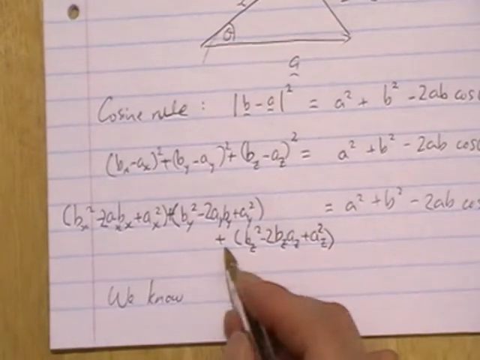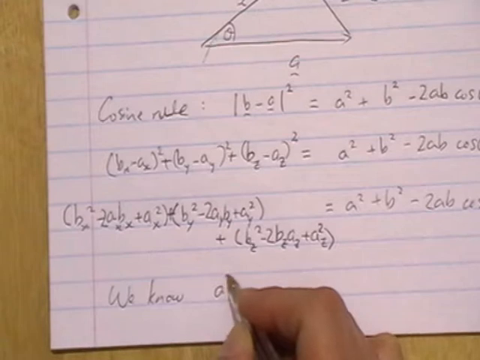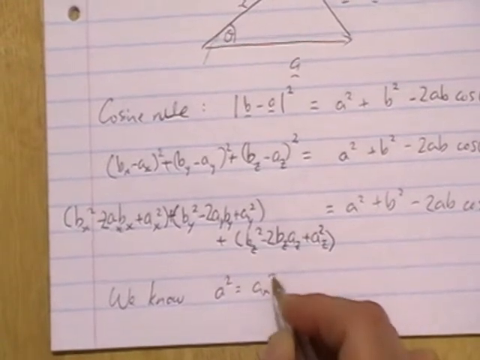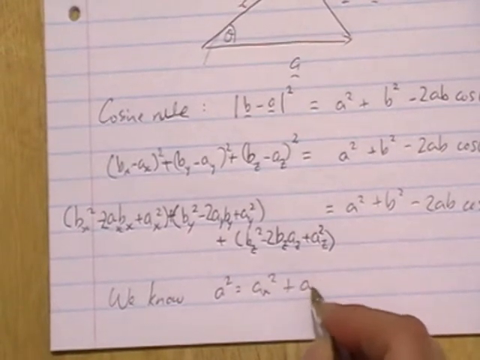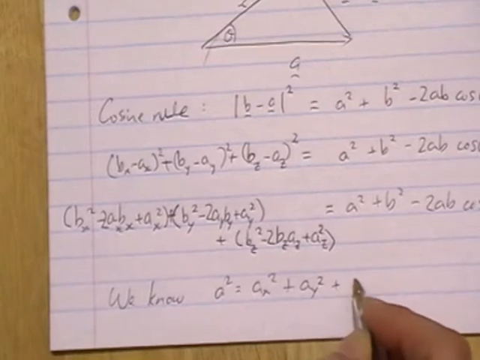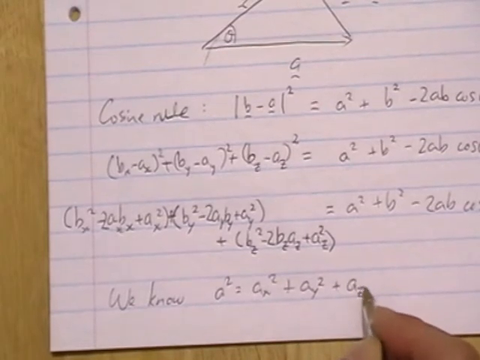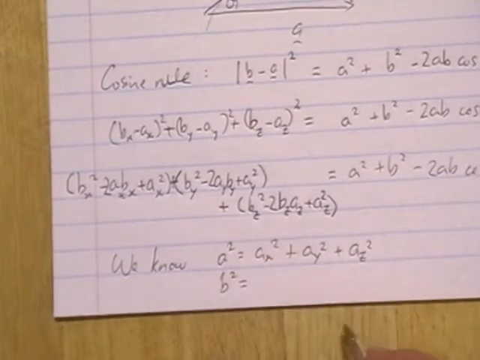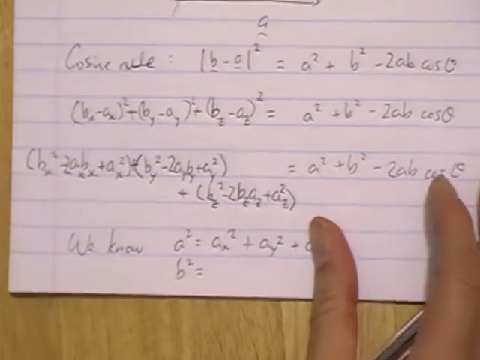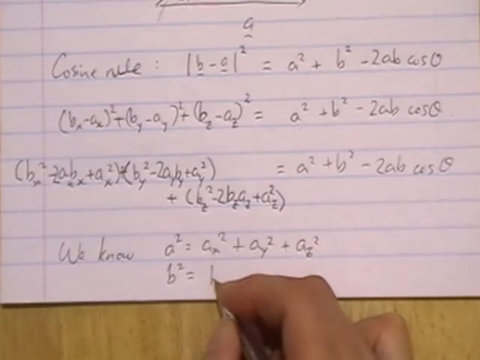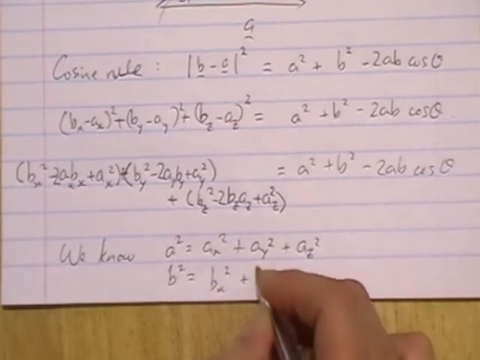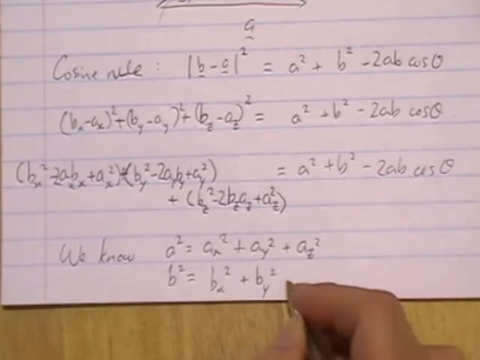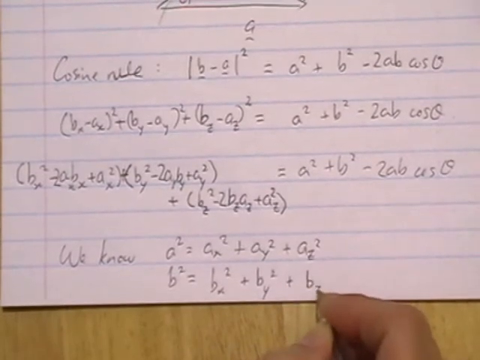So we know that the length of a squared is equal to ax squared plus ay squared plus az squared, and likewise the length of b squared is equal to bx squared plus by squared plus bz squared.